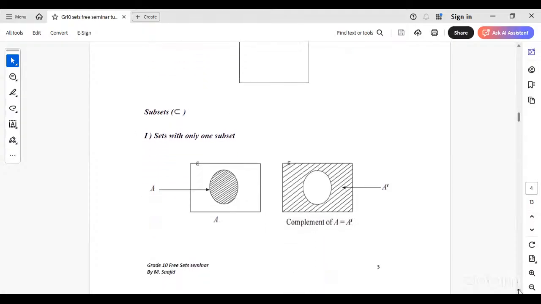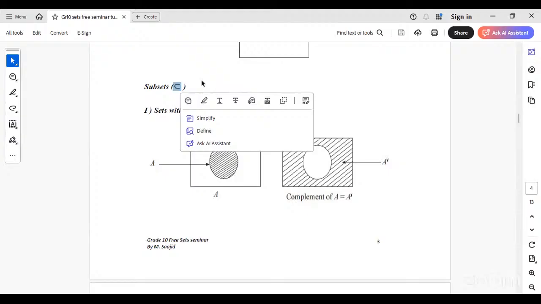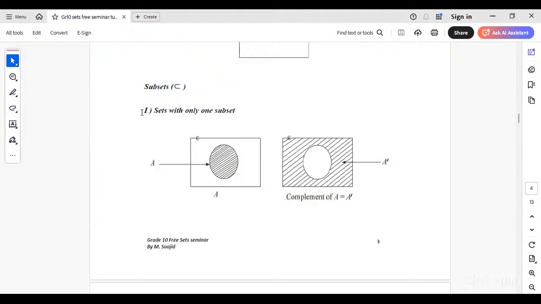Then subsets. This C-like mark is the symbol for subsets. Number one: sets with only one subset. For example, A is a subset here.